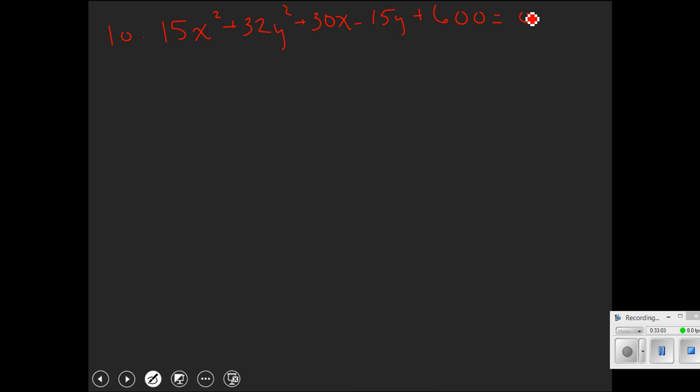So before we can do anything, we need to actually figure out what dy/dx is, of course. So let's take the derivative. We have 30x plus 64y dy/dx plus 30 minus 15 dy/dx, and then the 600 goes to 0, and the 0 is already 0, so it's just equals 0.